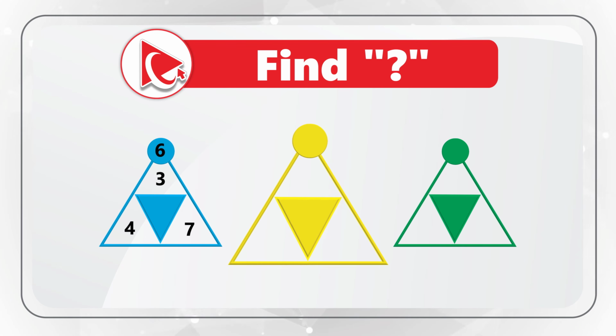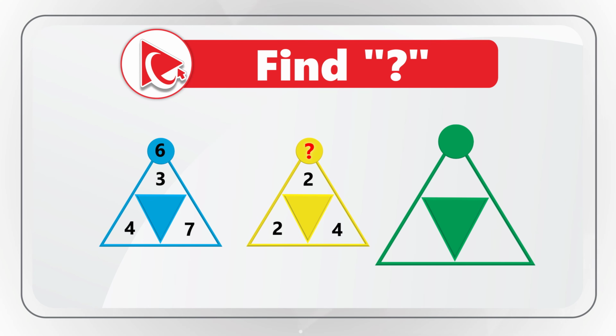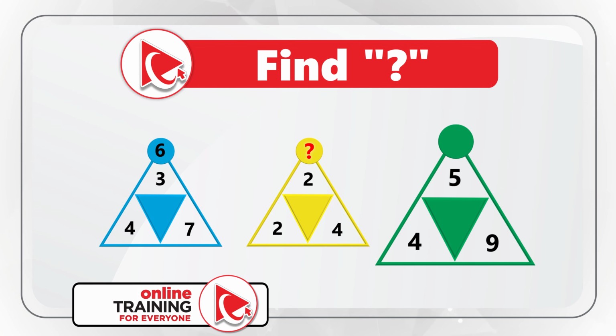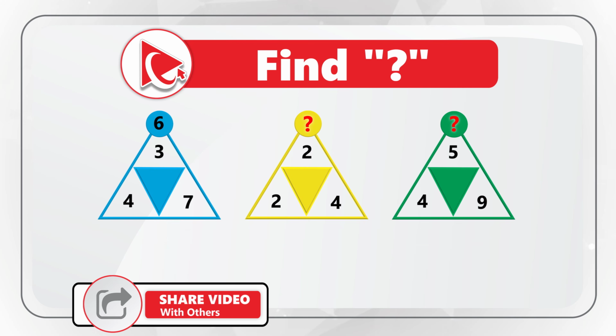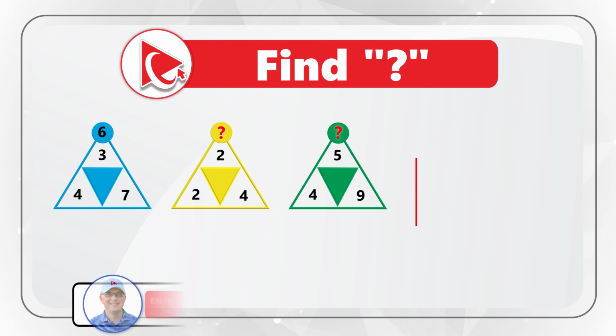The yellow triangle has numbers 2, 4, and 2, and there is a missing number on the top. The green triangle has numbers 5, 9, and 4, and a missing number on the top. Take a close look to see if you can find the 2 missing numbers and select out of 4 different choices.